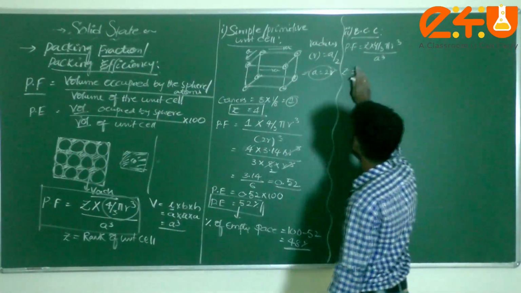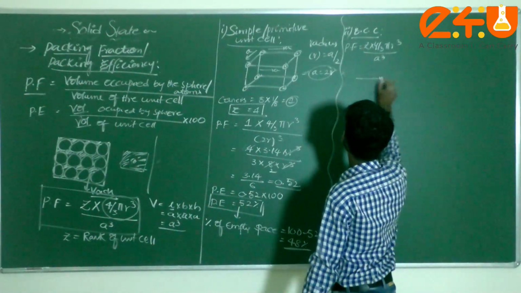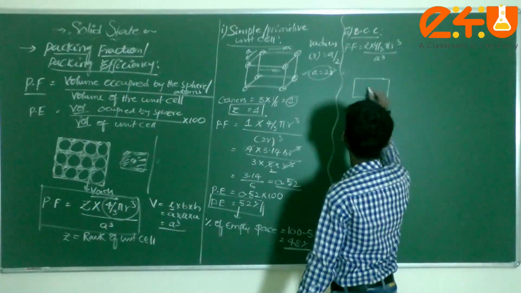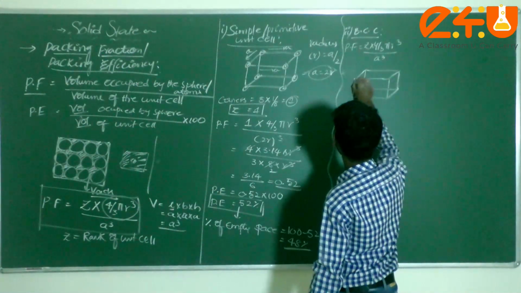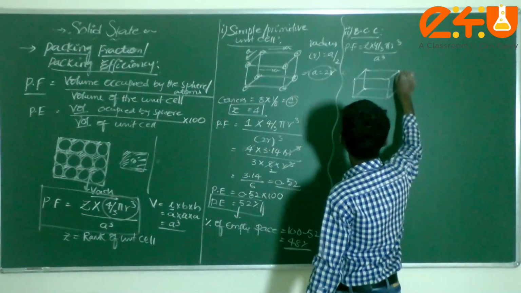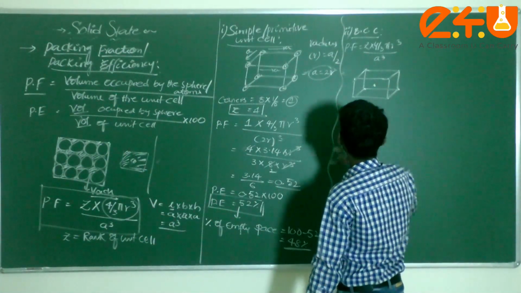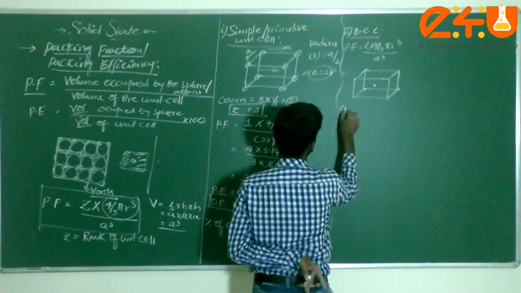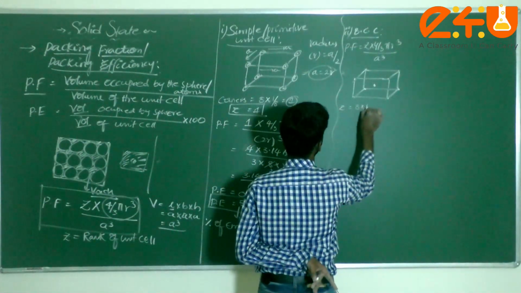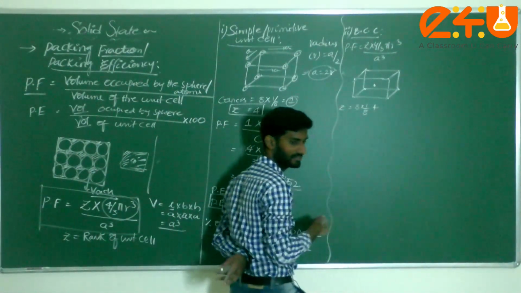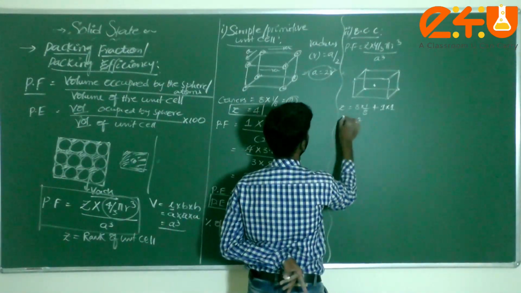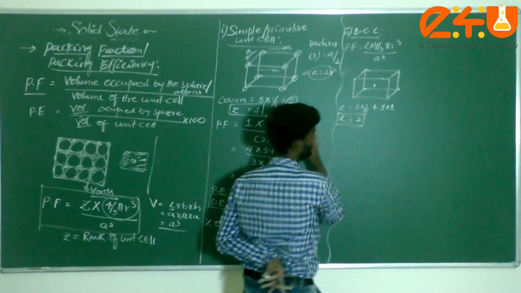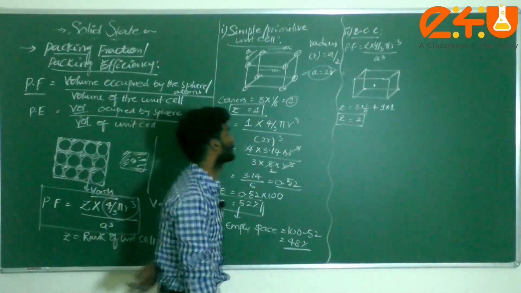Corners plus body center, or not? This is all corners here. Next one, how many body centers here? Only one body center. Then Z is equal to corners 8 into 1 by 8, plus body center 1 into 1, that is equal to 2. Z value is equal to 2.